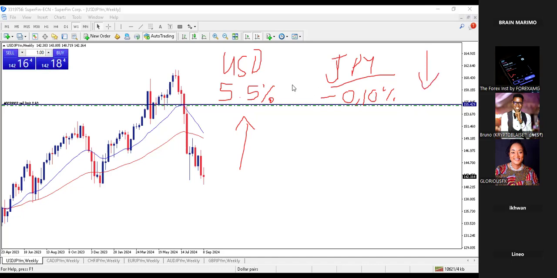One is cutting interest rates, the other is hiking interest rates. Of course, you want to put your money where you can earn the most. So you would buy USD JPY, buy CAD JPY, buy, buy, buy. They're all moving like this.